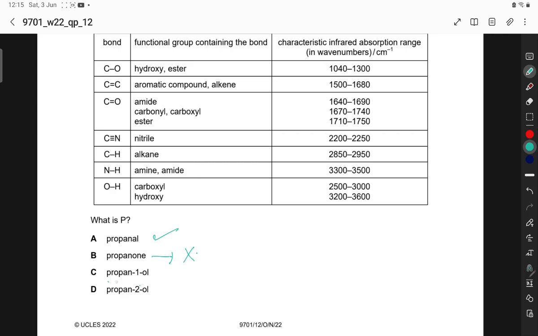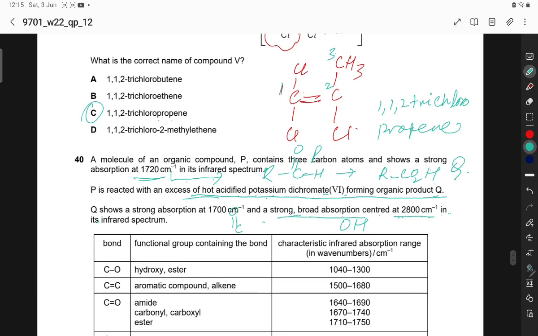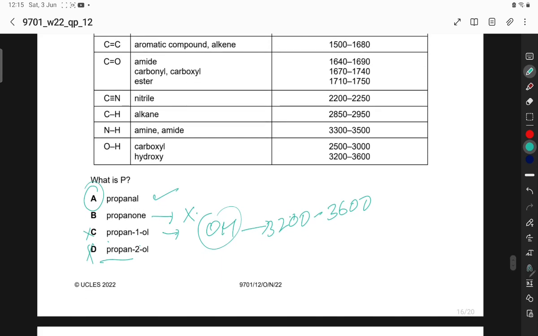Propan-1-ol is an alcohol, and its infrared spectrum would show an OH peak at 3200 to 3600, which is missing here. Propan-2-ol is again incorrect. Propanal is correct because P contains 3 carbon atoms and shows a strong absorption at 1720, and P reacts with hot dichromate to form Q, which is a carboxylic acid, and 1700 is the carbonyl peak. That's why it is propanal.